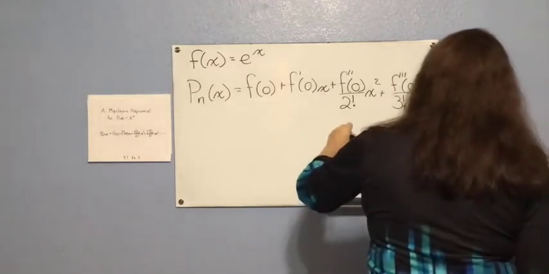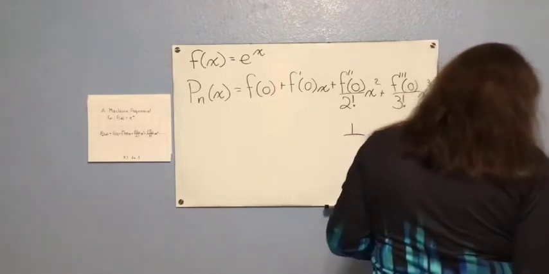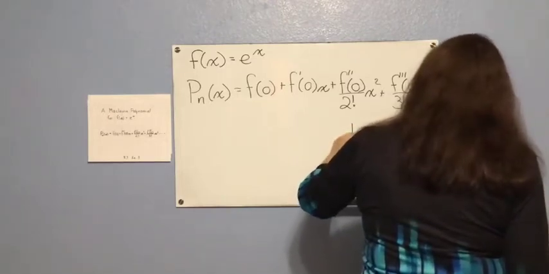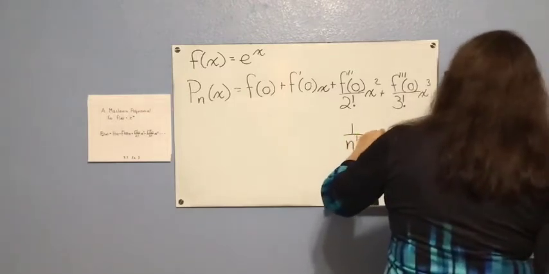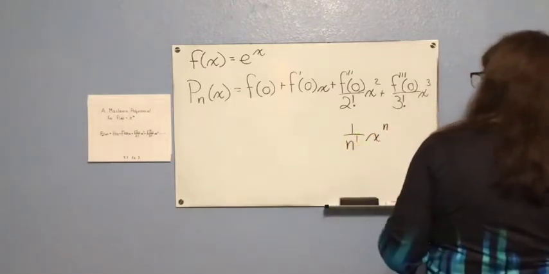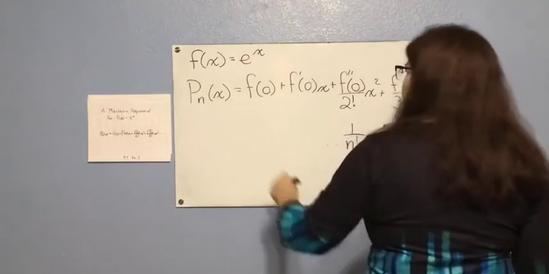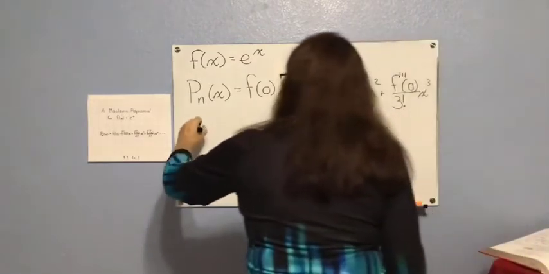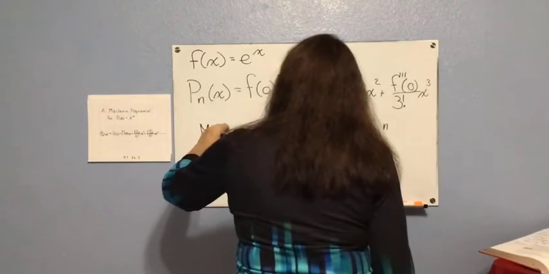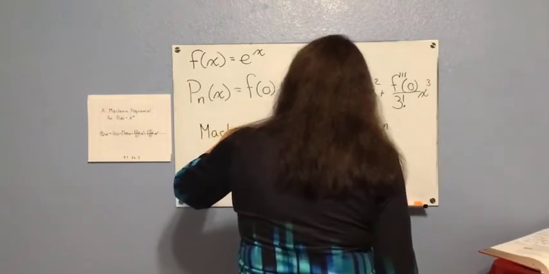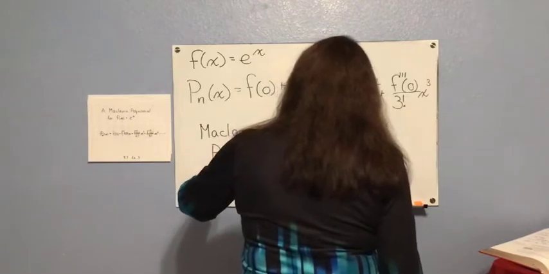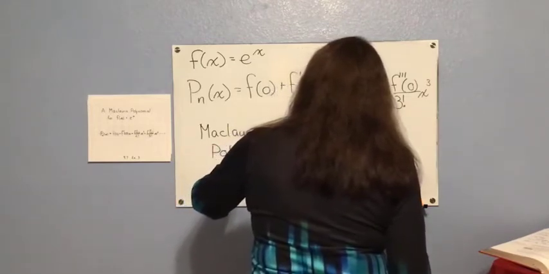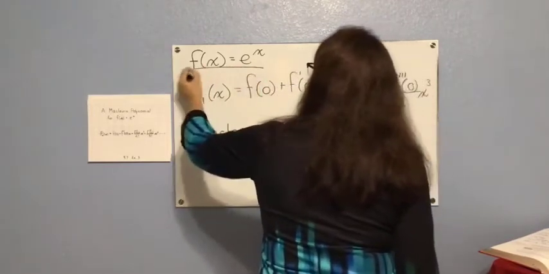Then our last term would be 1 over n factorial times x to the n power. Okay, so this is our Maclaurin polynomial for this function.